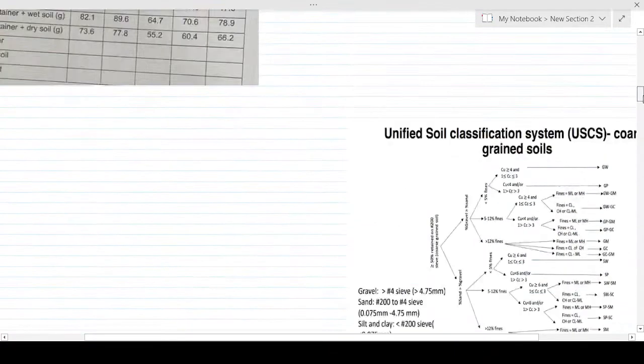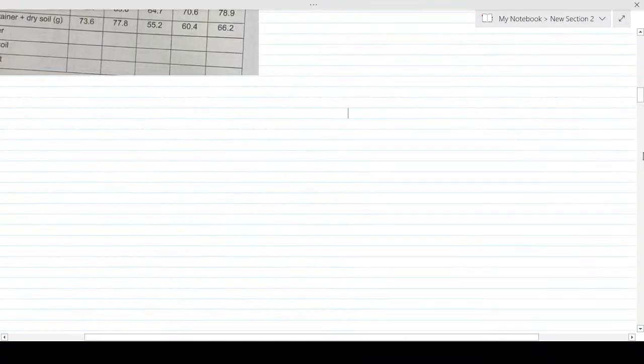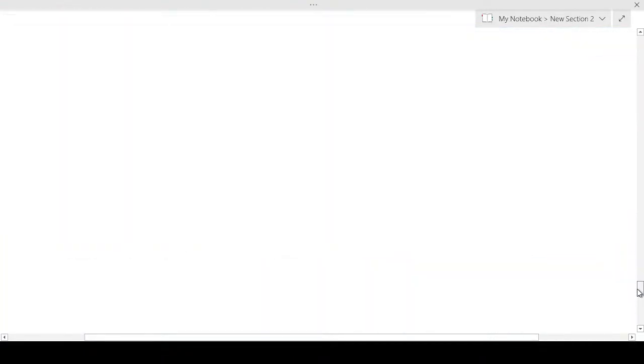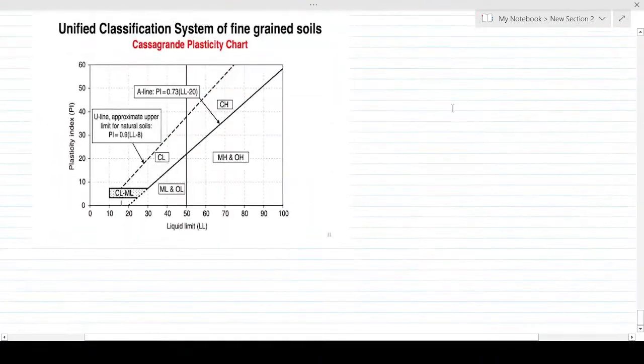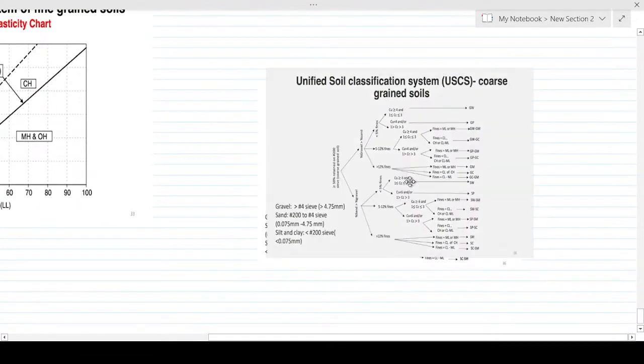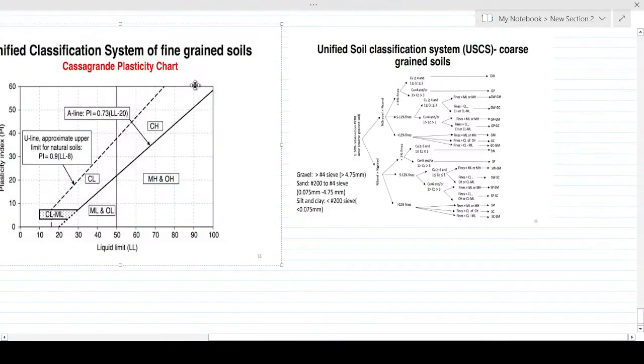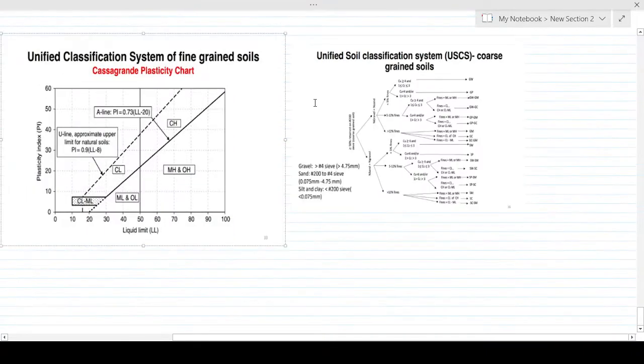With the unified classification, we have two different tables: one for the coarse and one for the fine.